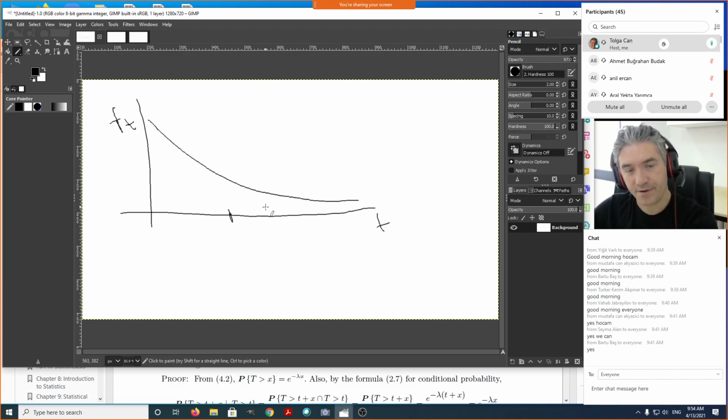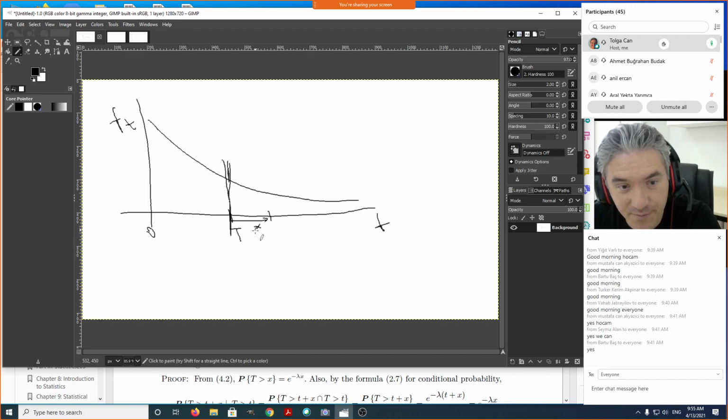Now what this memoryless property is saying, that given the time to wait is, for example, this is 0, this is t. Okay, this is the waiting time. So given that you had waited t minutes and you didn't observe this, what is the probability that it's going to happen in the next x minutes?